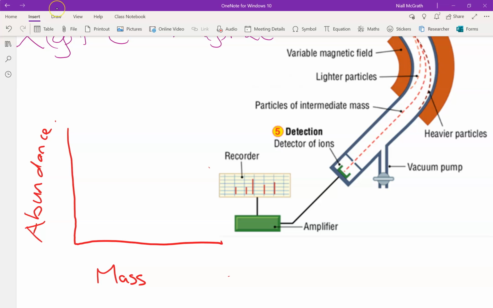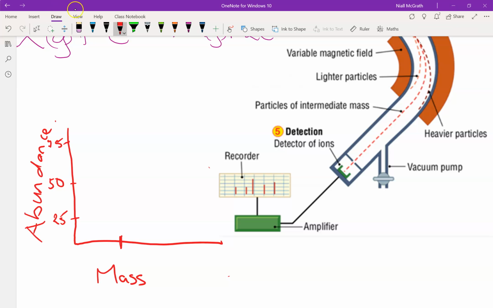So for the sake of argument, let's use one we're familiar with, chlorine. We said that 75% of chlorine was found as chlorine 35. On our mass spectrum, that would come up as a straight line.